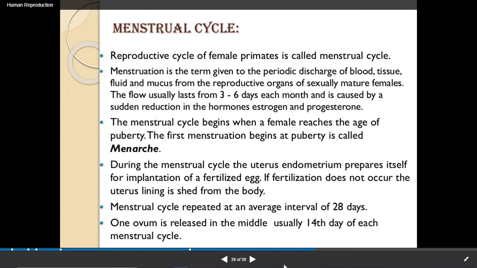If fertilization does not occur, the uterus lining is shed from the body. The menstrual cycle is repeated at an average interval of 28 days. One ovum is released in the middle, usually on the 14th day of the menstrual cycle.